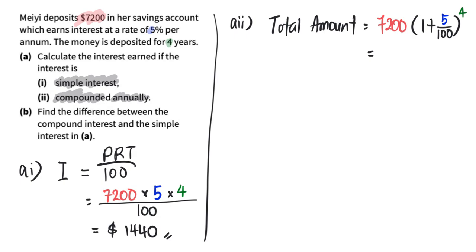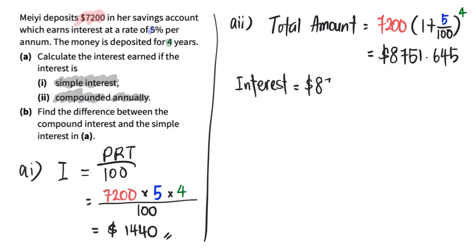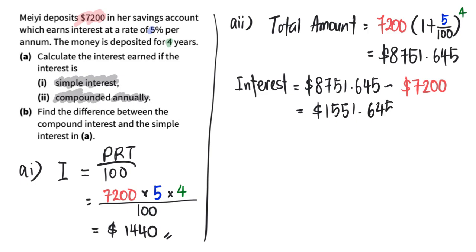This will give me a value of $8,751.645, and therefore for the interest I would then need to minus off the original 7,200 to give me $1,551.645, and I'm going to leave my answer to the nearest cent.